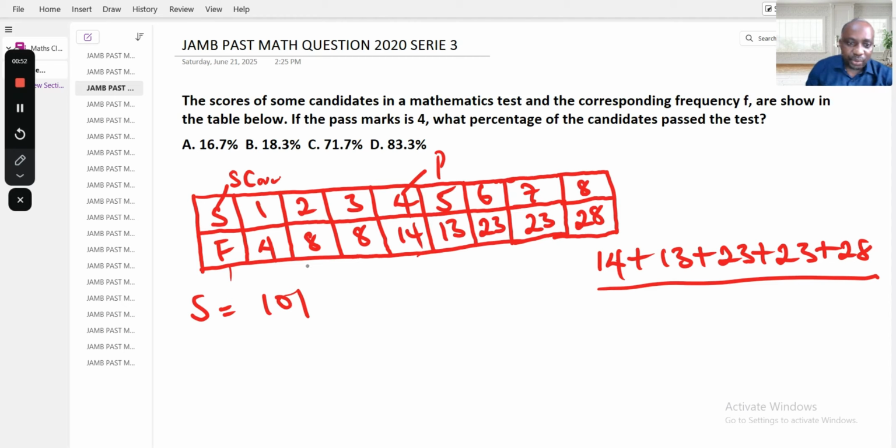The total of the frequency is 121. Now, to know the percentage of the people that passed, multiply by 100 percent. Let's calculate 101 multiplied by 100 divided by 121, which is going to give me 83.47.